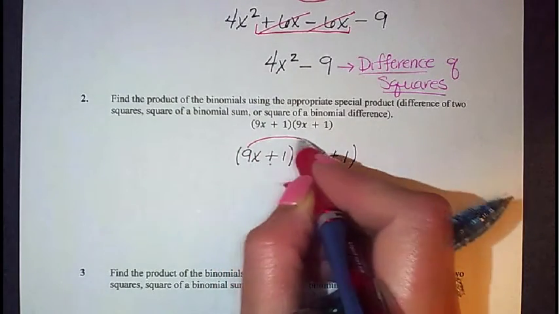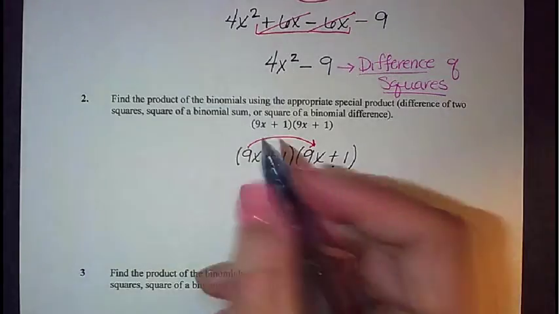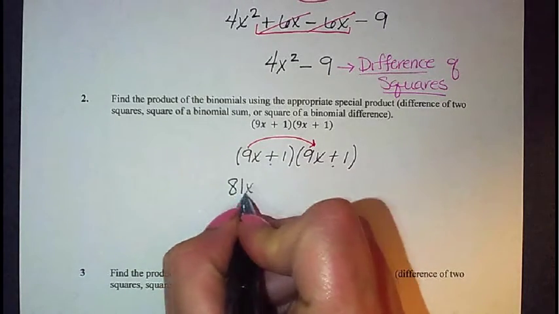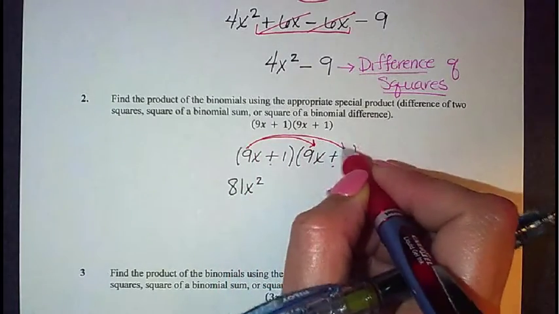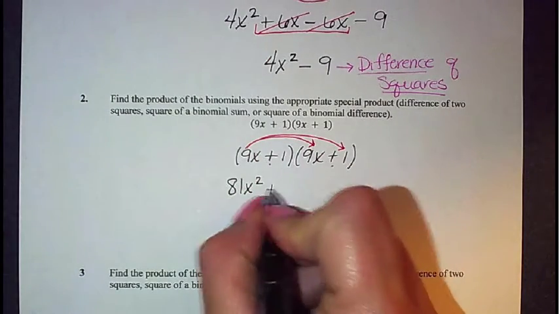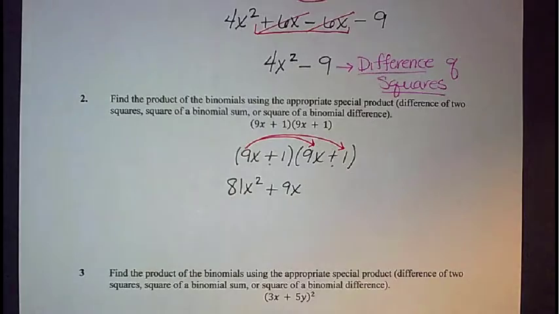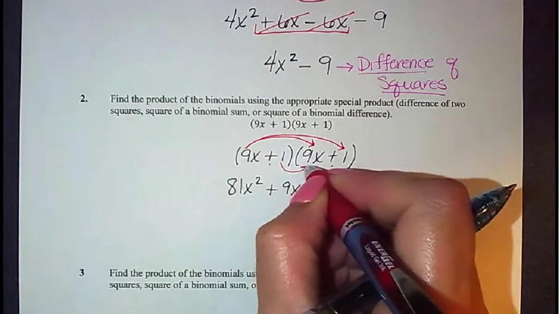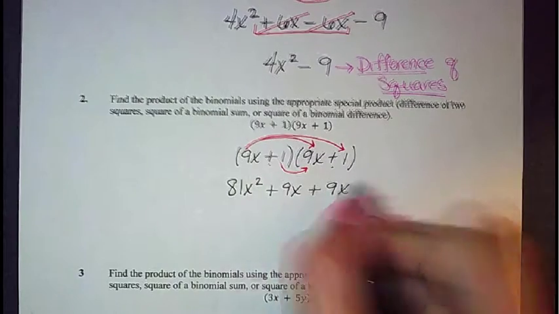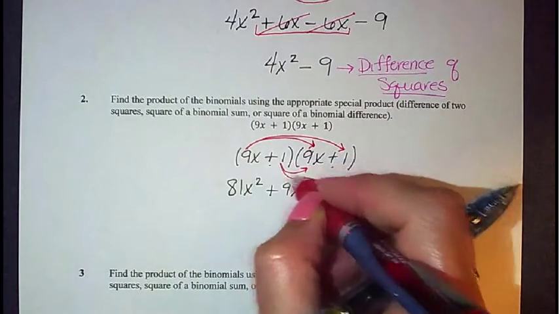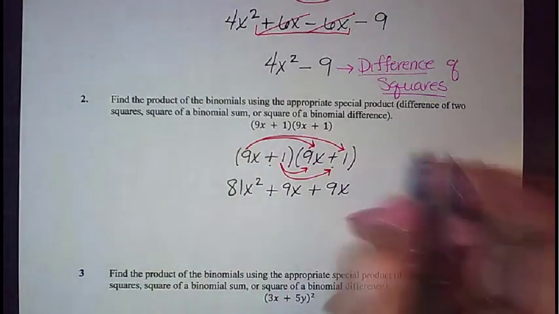So we're going to do 9x times 9x, which is going to give us 81x squared. We're going to do our outside, so 9x times 1, which is going to give us a 9x. We're going to do our inside, so 1 times 9x, which is also going to give us a positive 9x. And then our last one is going to be plus 1.